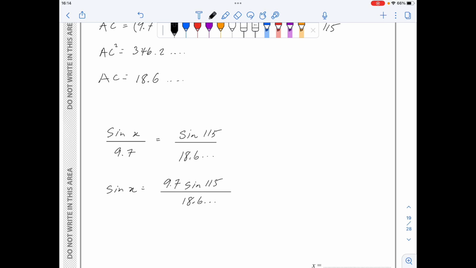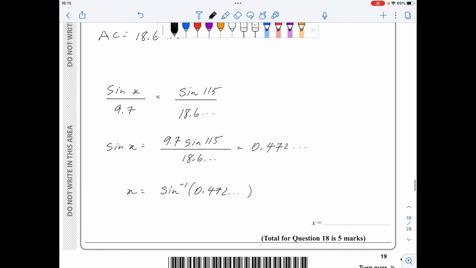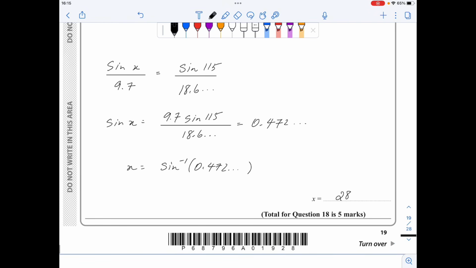Now put this on the calculator using the exact value of 18.6. This will give me 0.472 and so on. So X equals the inverse sine of 0.472. Put this on the calculator and you'll get 28.2 degrees.